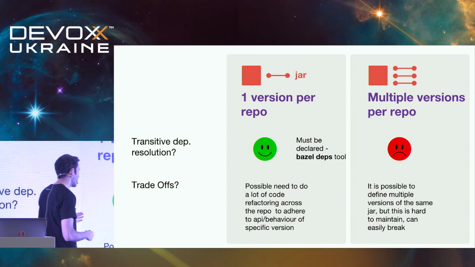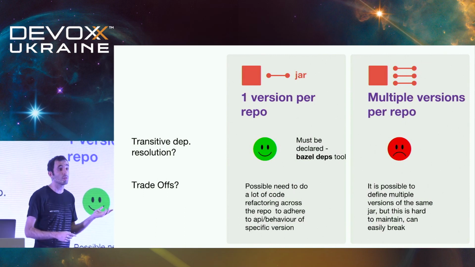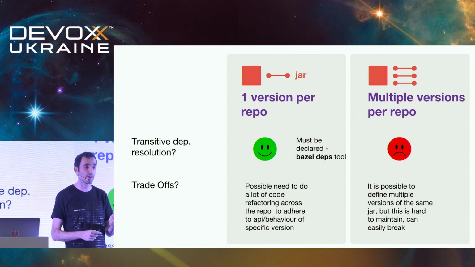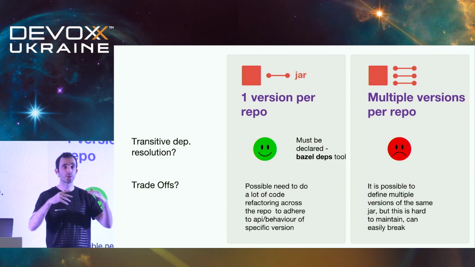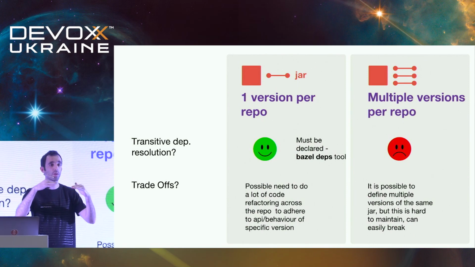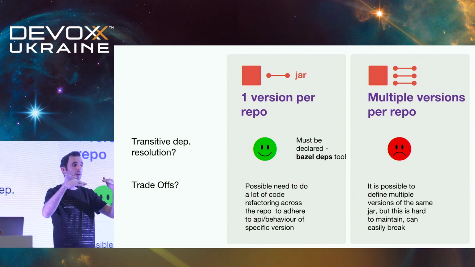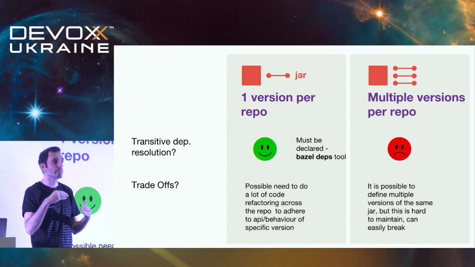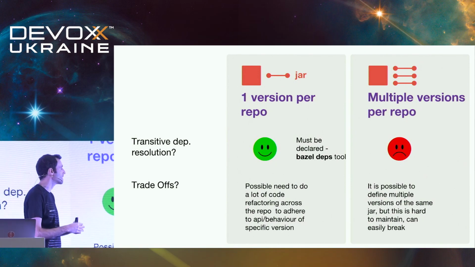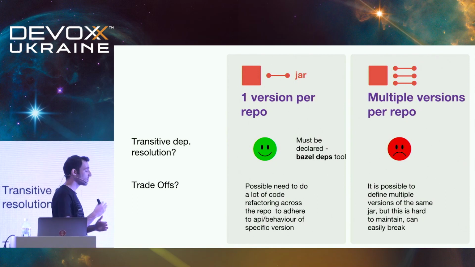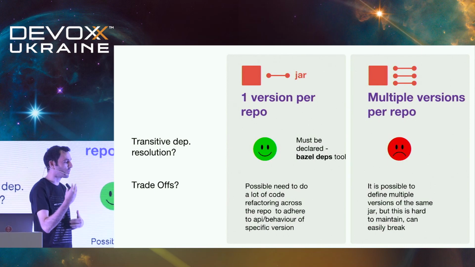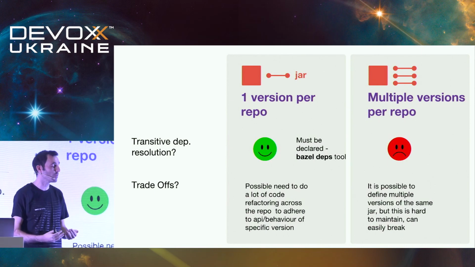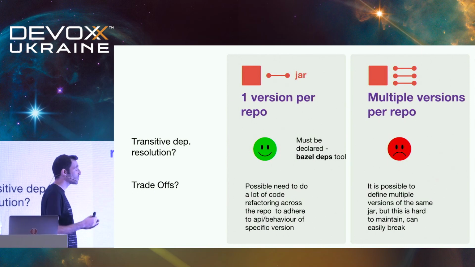And on the other hand, if you do decide to do one version per dependency, that means that you'll need to constantly keep your code up to date with the current APIs that sometimes change when you upgrade the third-party dependencies. So that means that your developers need to maintain it more, but it's really worth it.